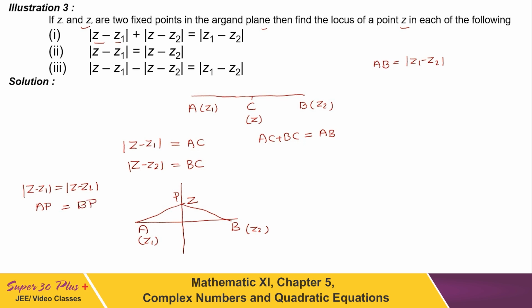So we can find that point P lies on the perpendicular bisector line. So the locus of Z is a straight line which is the perpendicular bisector of the line joining A and B.